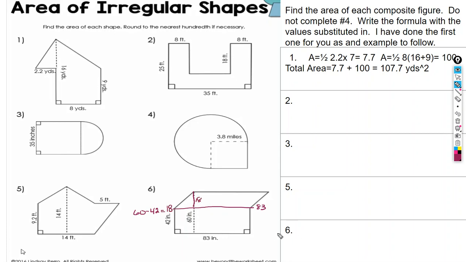Okay, so I did area is 18 multiplied by 83. And I got like 1,400 and something. So then I did area of this rectangle down here, which is 42 multiplied by 83, which gives me 3,000 and something.